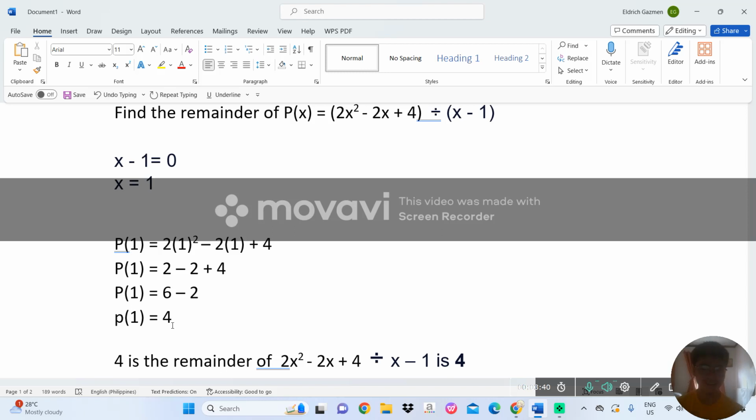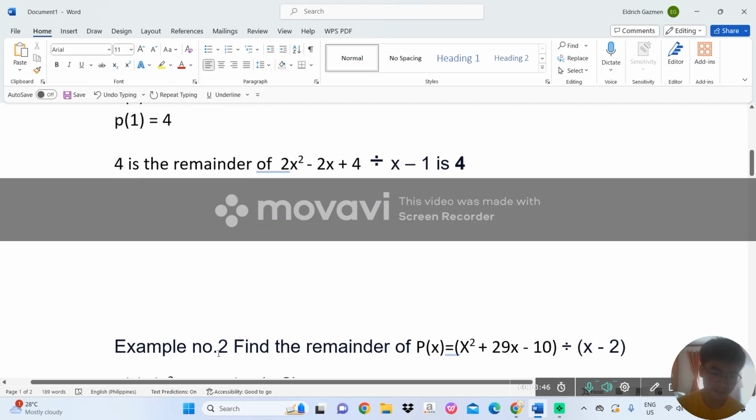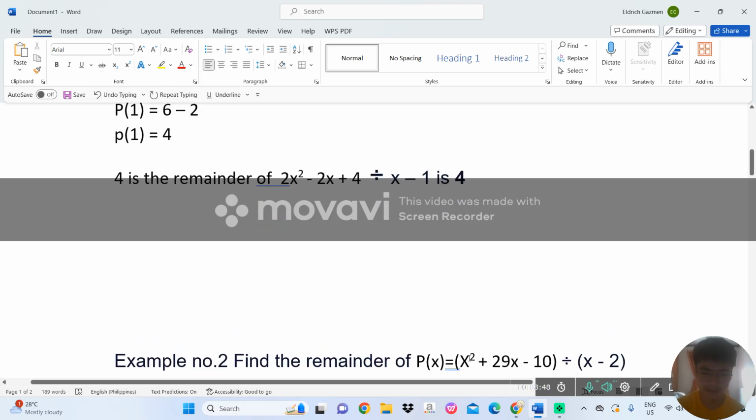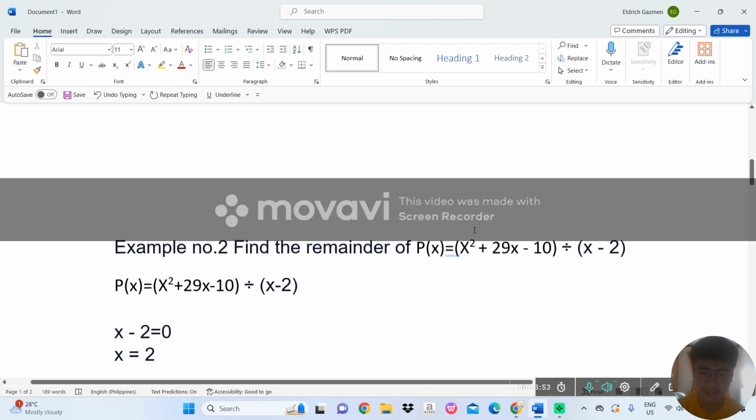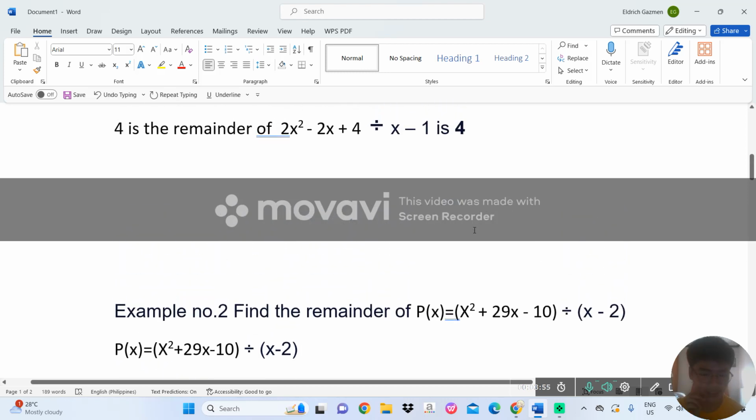If you do not understand, we have another example ready for us. Okay, example number 2. Find the remainder of x squared plus 29x minus 10 divided by x minus 2.